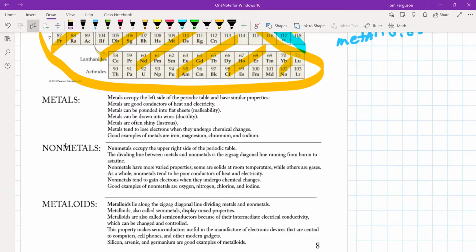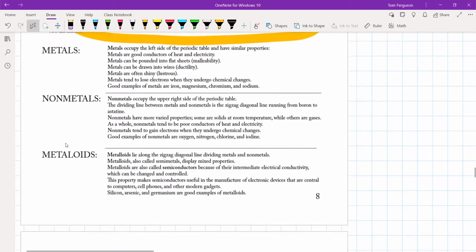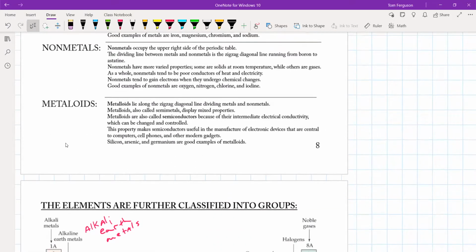Non-metals are kind of the opposite of metals. If a metal is shiny, a non-metal is dull. If a metal can easily bend and stretch, non-metals shatter. If metals conduct electricity, non-metals won't. And then metalloids can be changed from acting like a metal to acting like a non-metal.